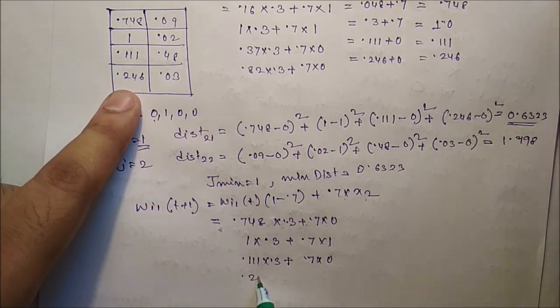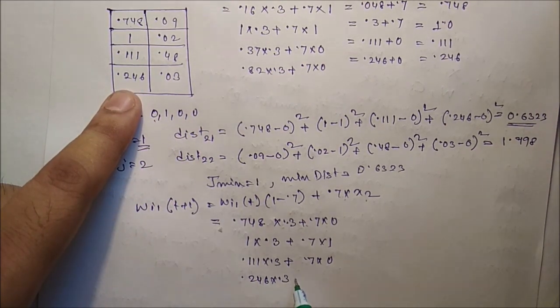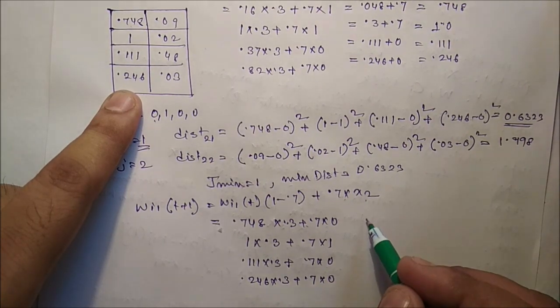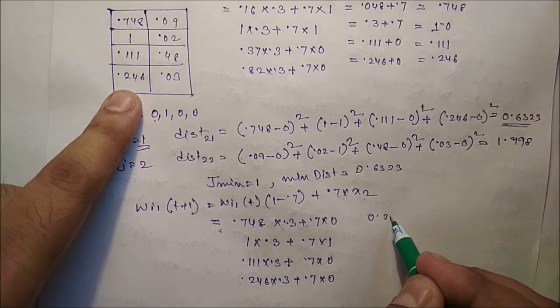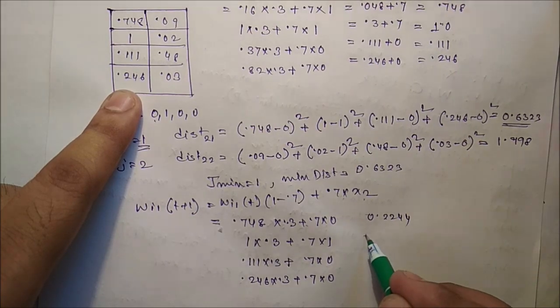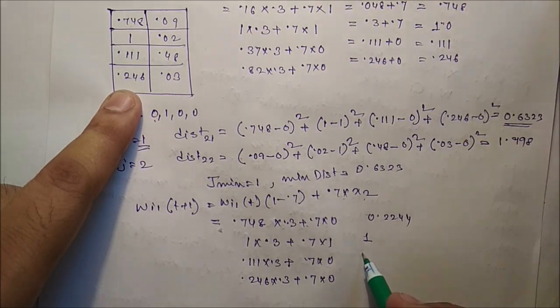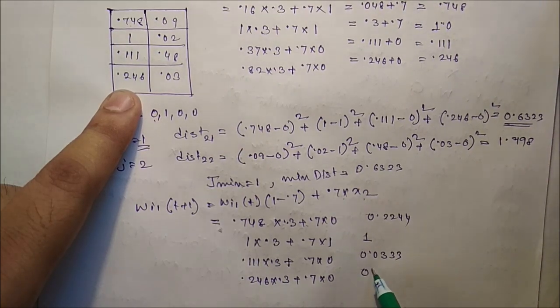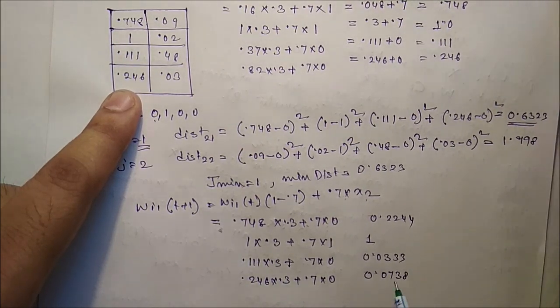Next 0.246 into 0.3 plus 0.7 into 0. And if you solve it, you can get 0.2244. It is, okay, 0.033 and here 0.0738.